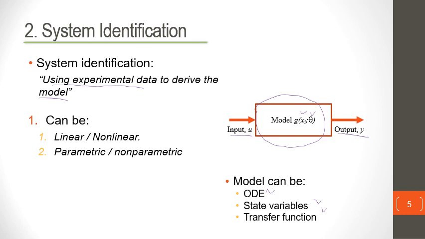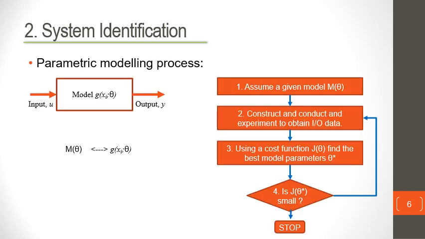There could be 4 different variations of the system identification process based on whether the plant is linear or non-linear. You could also derive a plant model which is parametric or other models which are non-parametric. For the purpose of this course, we will focus on parametric linear types of systems.